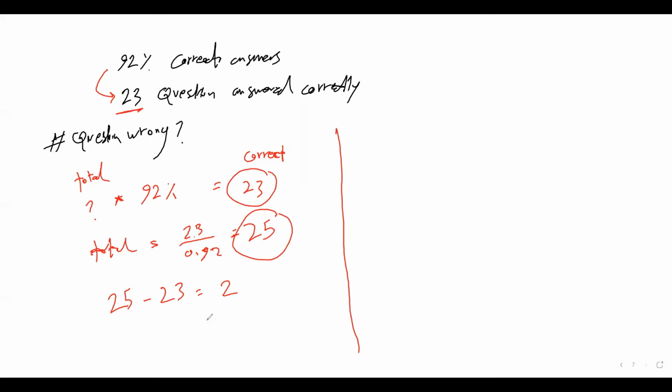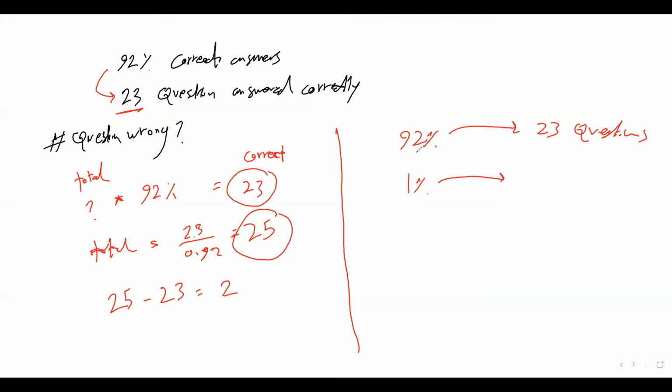And if you want to find the other method, you say 92% is equivalent to 23 questions, right? And then you find the 1%, and see how much that is.